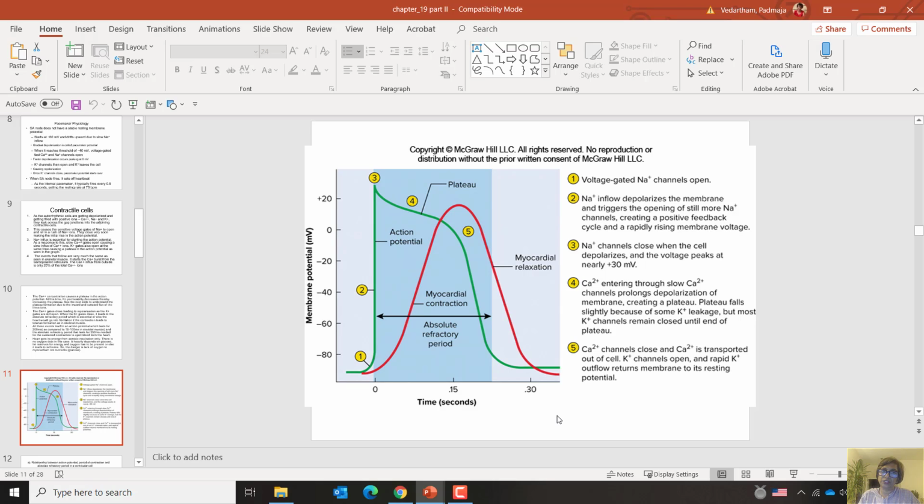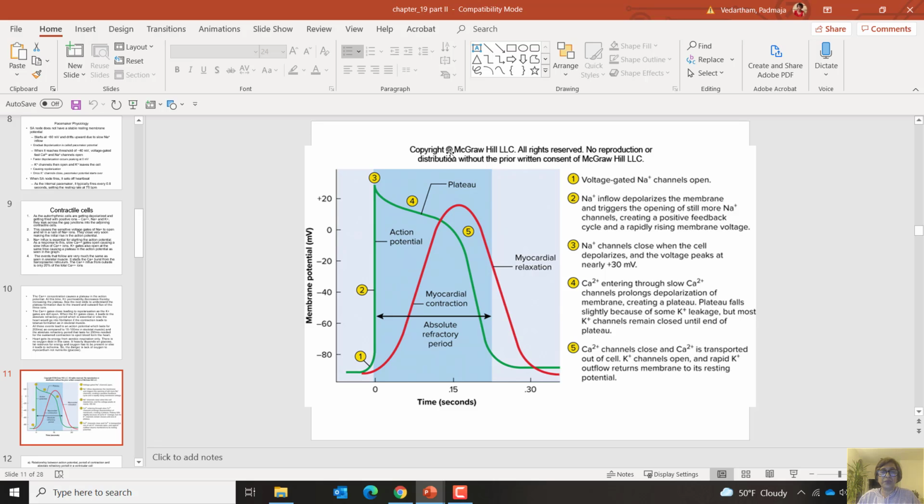That's the pacemaker potential. And then calcium ions come in to form the depolarized wave. Then it closes at 0, and then you have the calcium leaving and potassium leaving, causing repolarization followed by hyperpolarization. Hyperpolarization is very important because that is what sets the pacemaker potential.